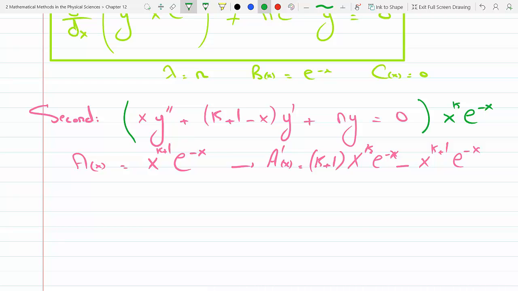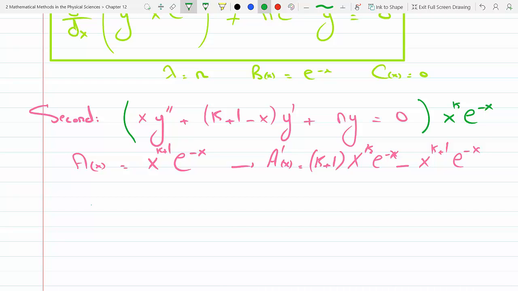Okay, if I do that, I get the a prime to be exactly x to the k, let's actually let me test it.